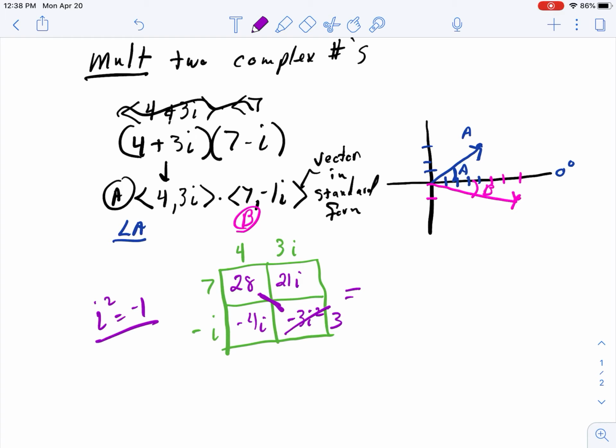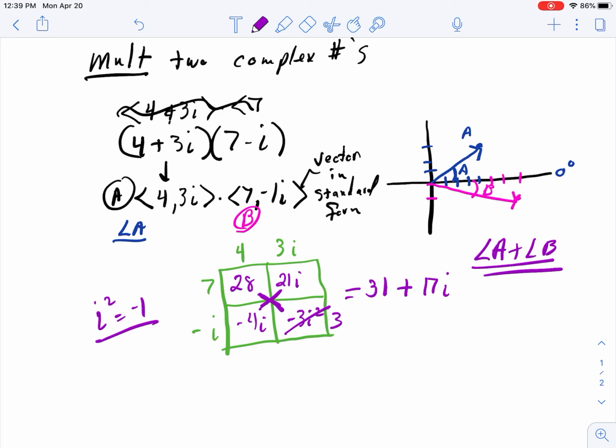So your x components would be 31 plus, and my y components are my i's. What is that, 17i? So basically what I did here was add angle A plus angle B together. Okay, and therefore that's what I've done there.